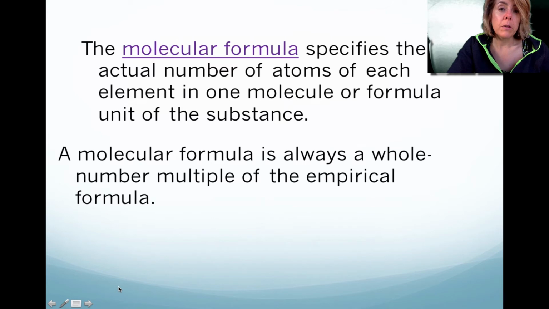Okay, so molecular formula tells us what is the actual number of atoms for each element in a compound. And please note that there's no fractions with molecular formula. It's always going to have a whole number subscript. And you're also going to find that the molecular formula is a whole number multiple of an empirical formula.